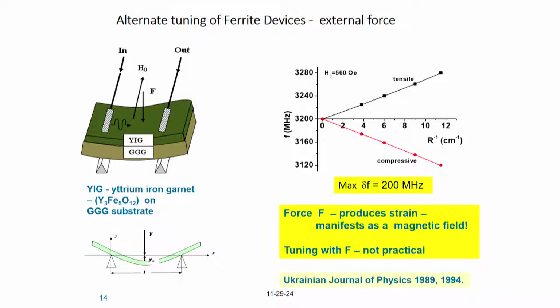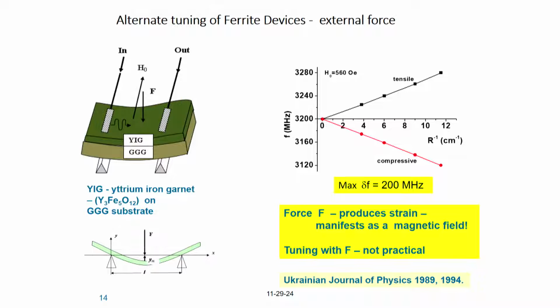Okay. So before we came up with all these composites, people did some experiments on how to tune YIG-based devices without varying the magnetic field. These were published works in the late 1980s and early 90s. This is a work from Ukraine where they used a YIG film on GGG, and they looked at the ferromagnetic resonance in the YIG film.